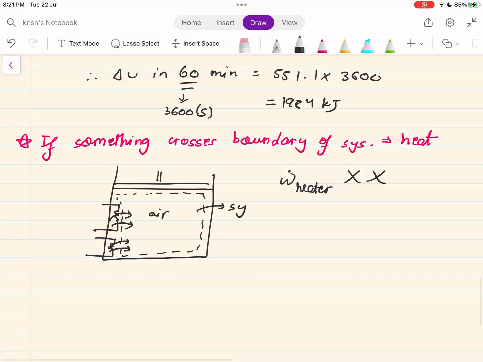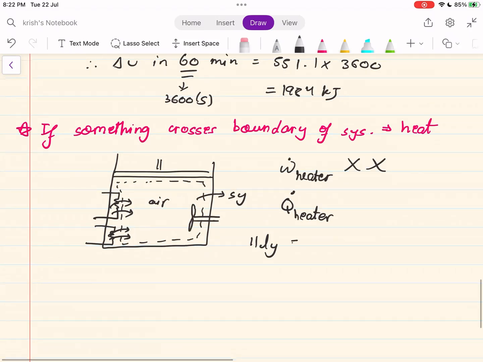Since the air is now the system, the heat crosses the boundary to get to the air. So now we can say it is heat supplied by the heater. Similarly, the paddle will cross the boundary to do work on it, which means it will be supplying some type of heat energy. But since that is unintuitive, you have to be a bit careful while solving it, right?